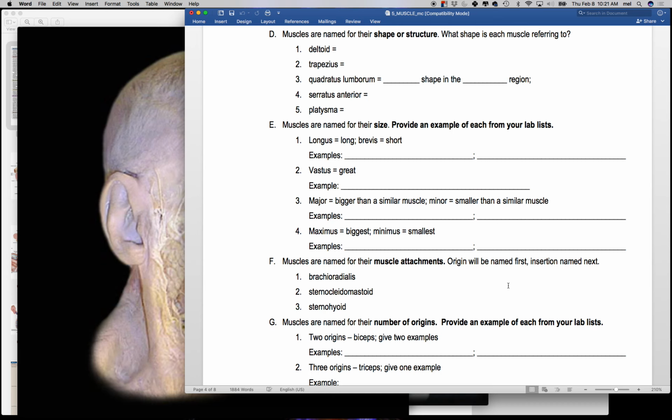Let me get you thinking. When you learn the quadratus lumborum, which of these two actions could possibly be one of its actions? Flexion of the spine or extension of the spine? Extension, yes. Back side, that makes sense? Okay. All right.